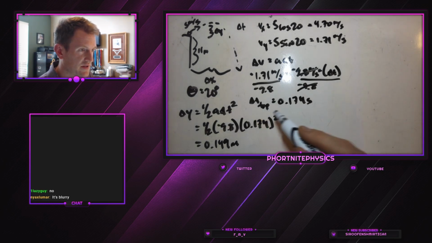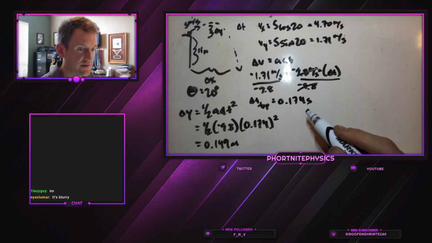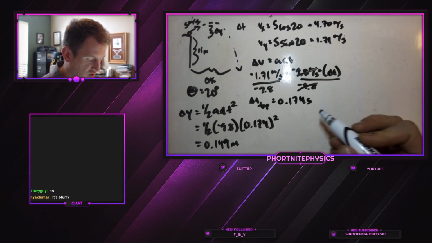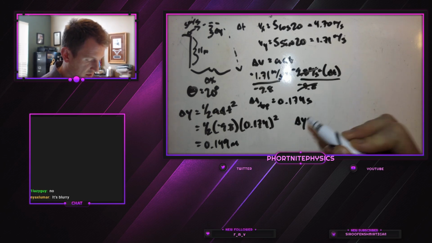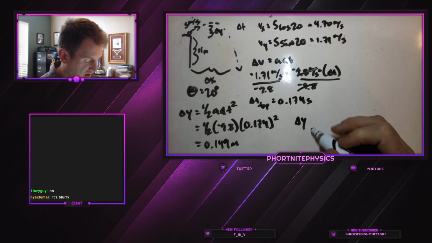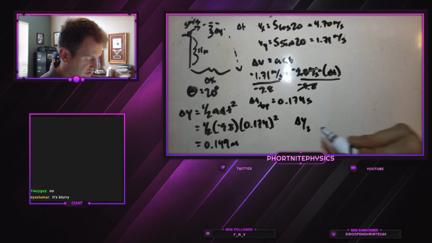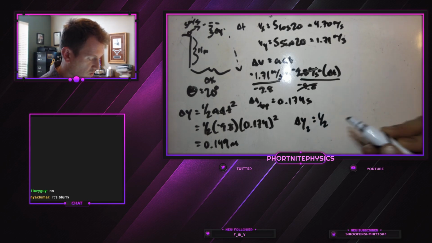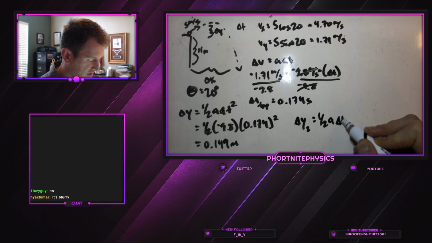That helps us figure out how long it's in the air. Our time to the top is 0.174 seconds. Now we solve for our time down using delta y2 equals 1/2 a delta t2.